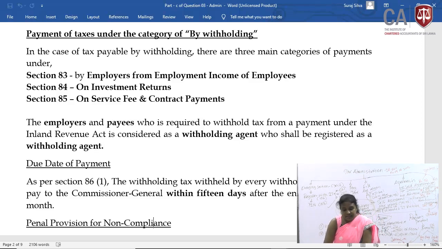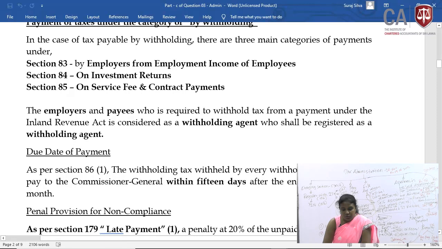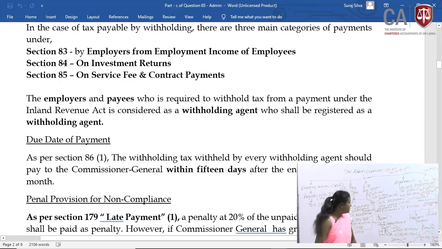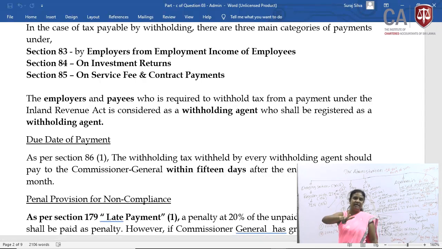Then the employers and payers who are required to withhold tax from a payment under the Inland Revenue Act are considered withholding agents. For withholding tax, there are 2 parties, the withholdee and the withholding agent.